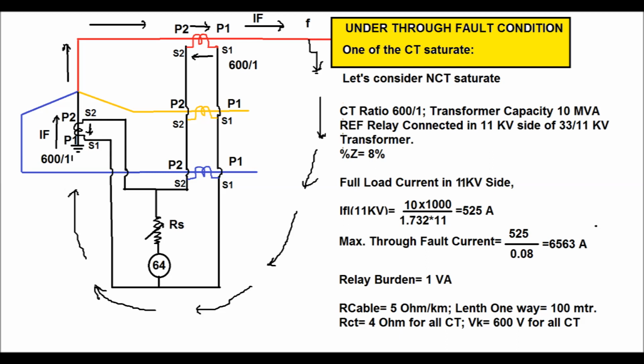Therefore, the maximum through pole current is equal to full load current divided by percentage impedance, which is 8%, and full load current is 525. The maximum through pole current is considered here by neglecting the source impedance, which comes as 6563 ampere.